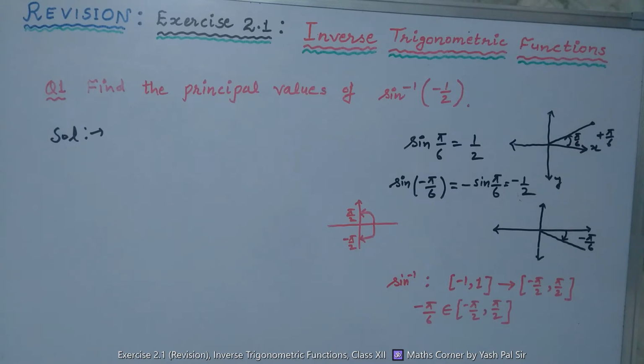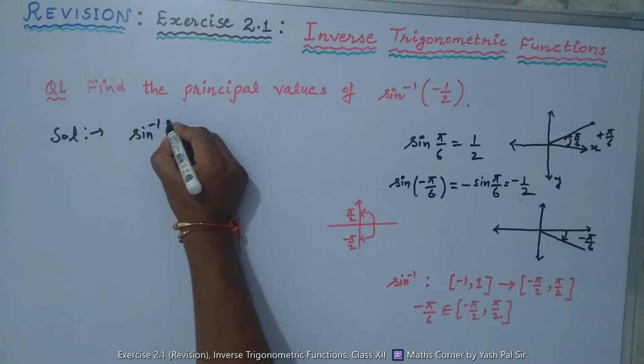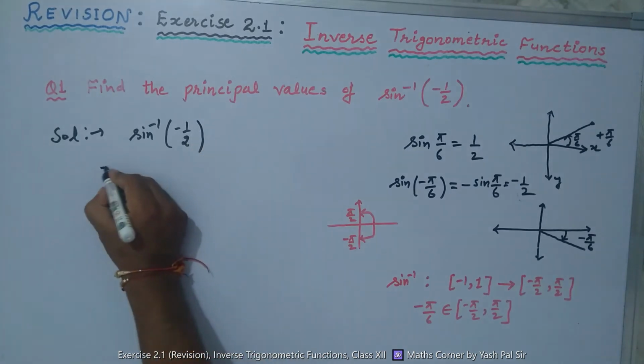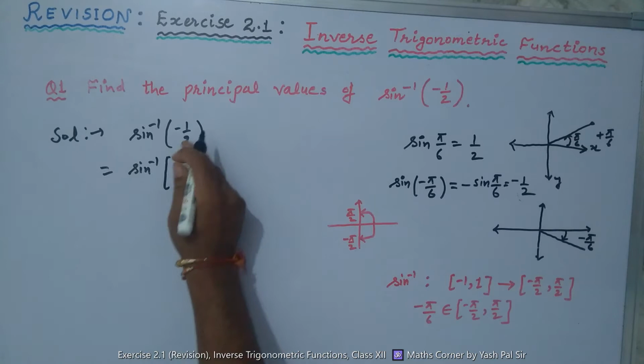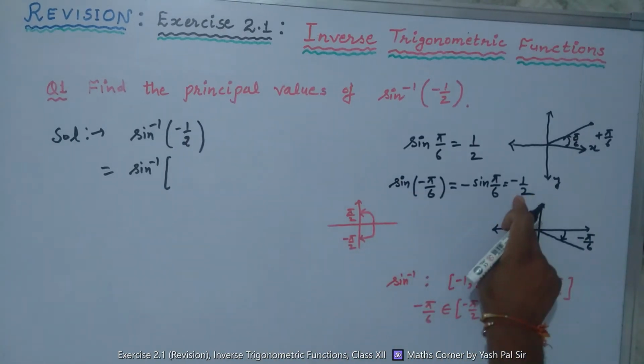So how do we solve this question now? We write sine inverse of minus 1 upon 2 as equal to sine inverse of, what is minus 1 upon 2?